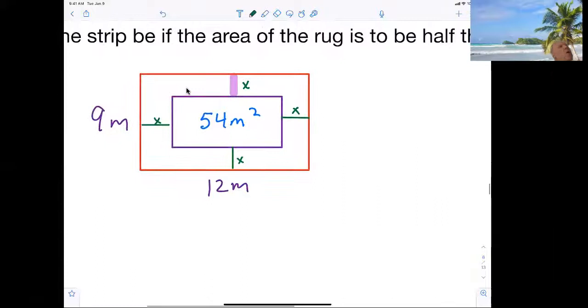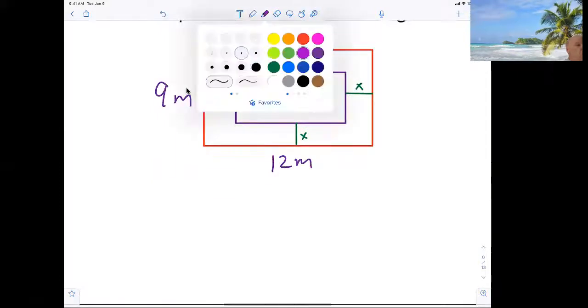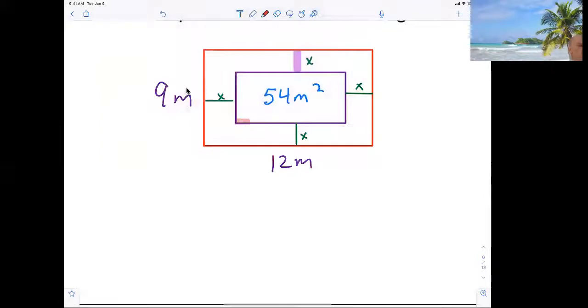Now here's the hard part. Someone who's thinking a little bit, I want someone now to tell me what they think this distance is from here to here. I'm trying to get this distance right here. I'm not talking numerically. There's no way we know what that is.